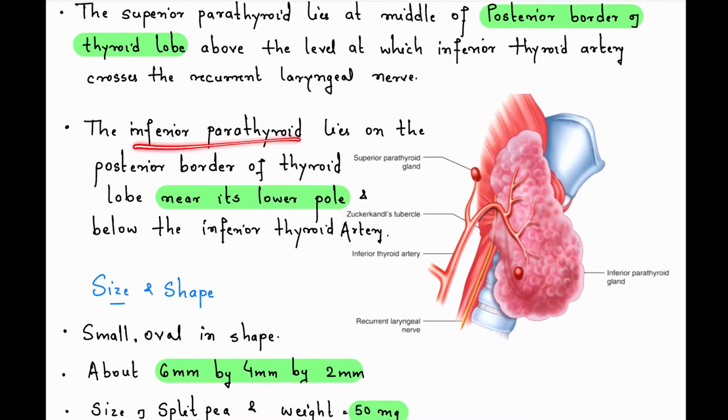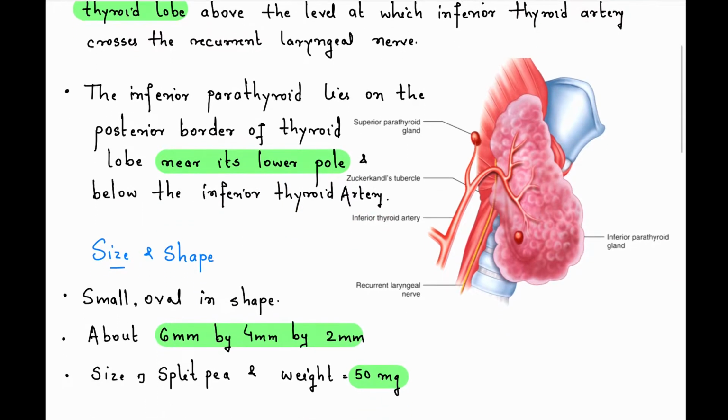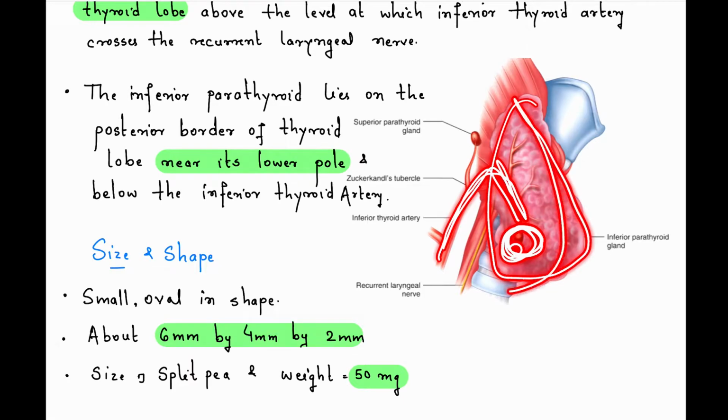The inferior parathyroid lies on the posterior border of thyroid lobe near its lower pole, below inferior thyroid artery. Below inferior thyroid artery, here the lower pole of the thyroid lobe.